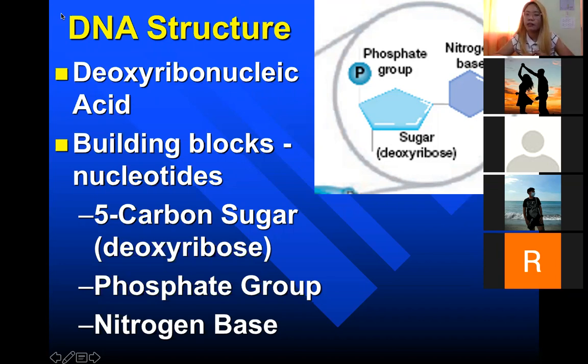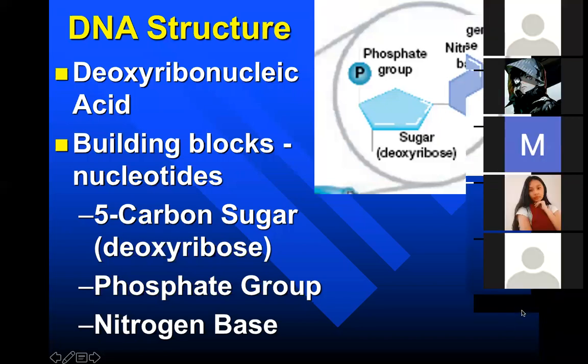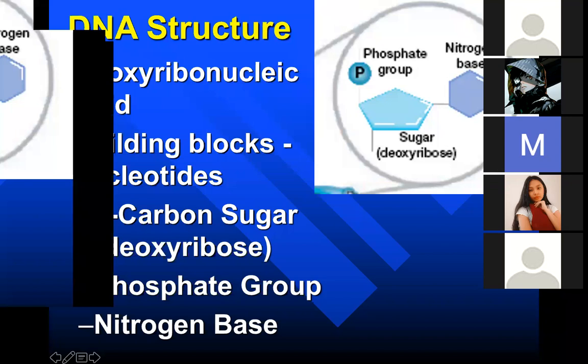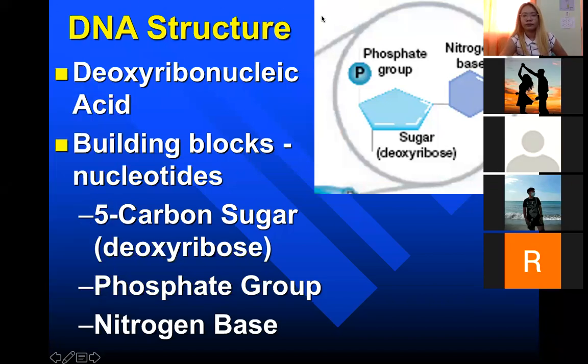Can anybody tell me what are the two purines? Okay, may nag-chat. Adenine and guanine is your purines. How about the pyrimidines? Of course, the remaining two, it's thymine and cytosine.